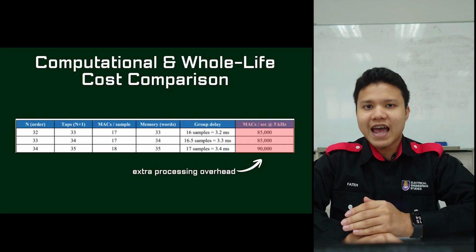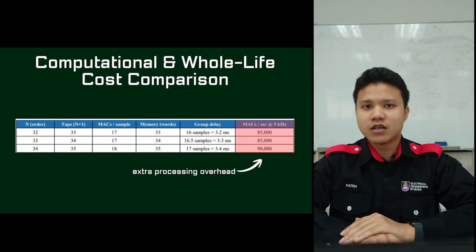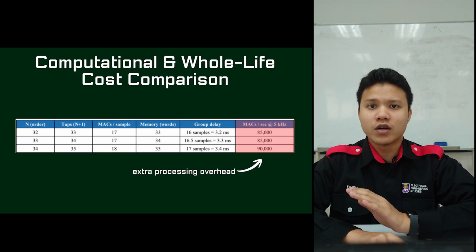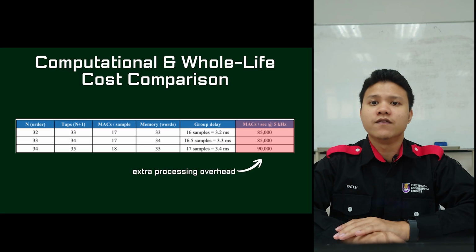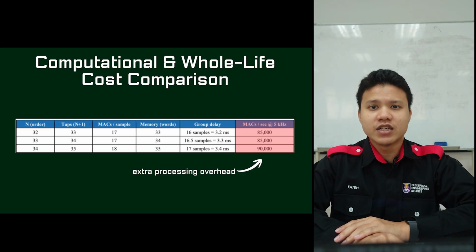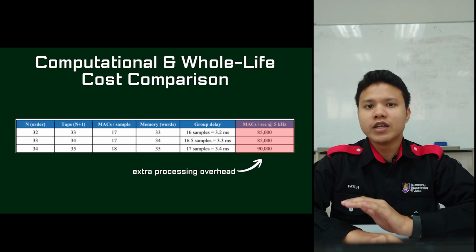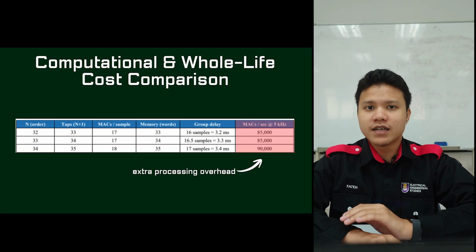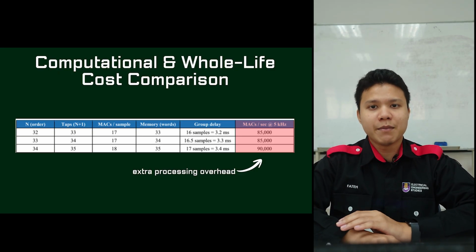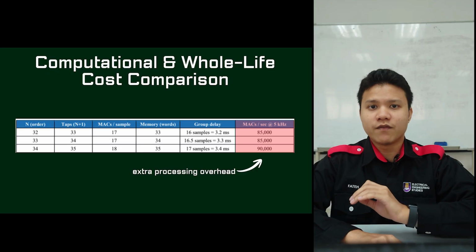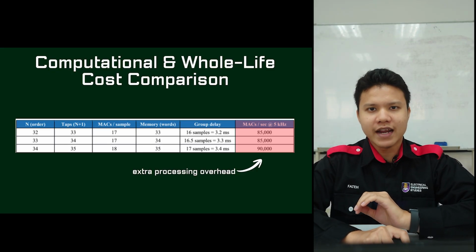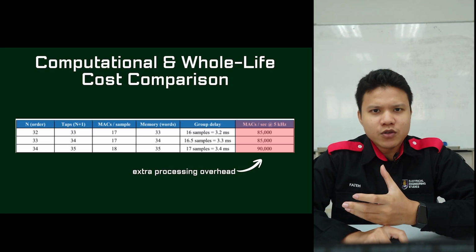To justify why N equals 32 is truly optimal, let's look at the whole life cost analysis, where we compare orders 32, 33, and 34. By leveraging structural symmetry, a smart hardware implementation only performs one multiplication per coefficient pair. Thus, the multiply accumulate, or MAC, count per sample is roughly half the total tap count. Notice that bumping our order up to N equals 33 achieves absolutely nothing.